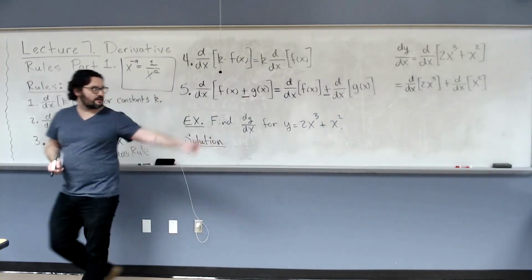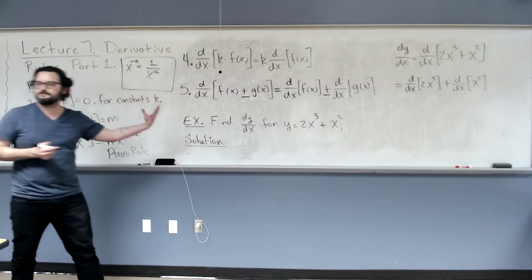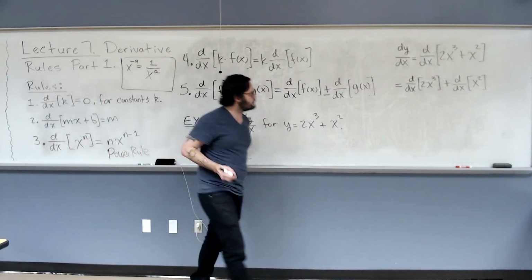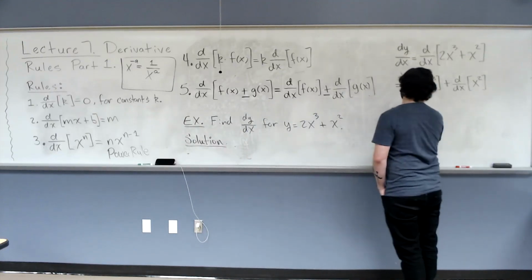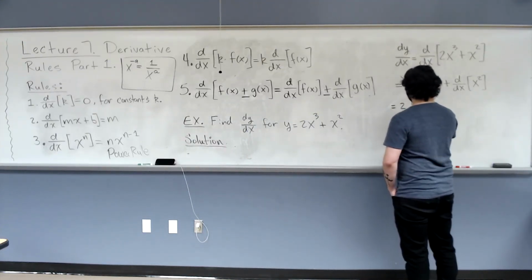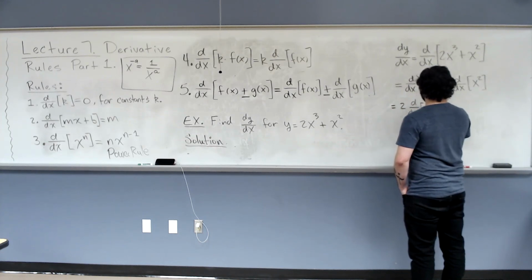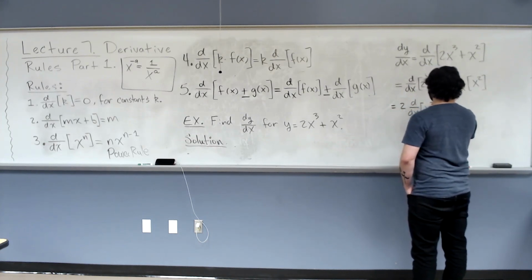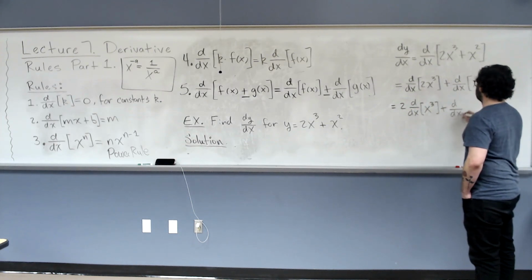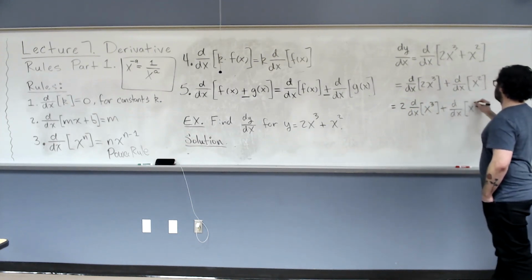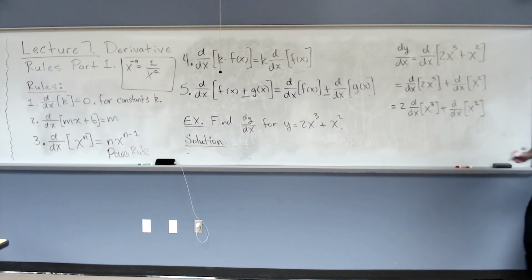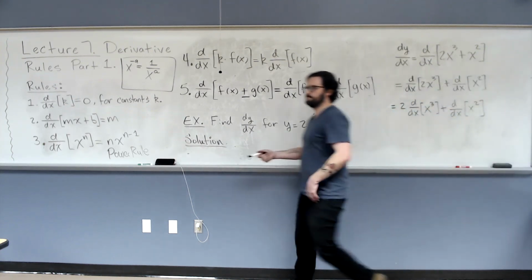And then I see a constant that I can take out, because the constant is just scaling the rate of growth for that x cubed guy. And then we apply the power rule.